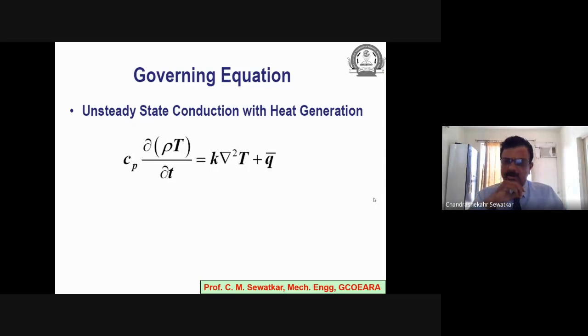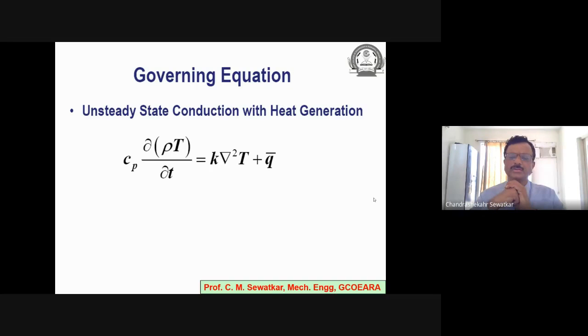In order to understand this problem, we will again consider the same square plate as we considered when we dealt with the steady state problem. We will consider the same domain. We will also try to understand how to do the grid generation, and then we will look at the actual finite volume methodology for discretization of the equation. We will go term by term.